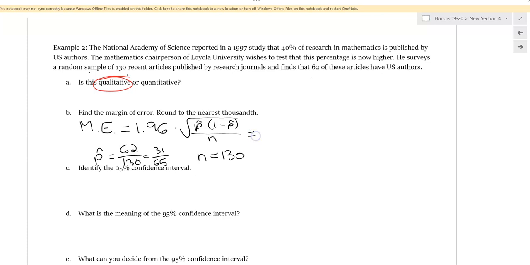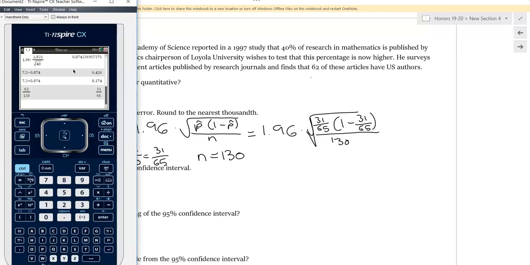Plugging everything in, we have 1.96 times our square root of, well, p hat, again, is that 31 over 65 times 1 minus 31 over 65, all over 130. I'm going to make that a little bigger so that we know that 130 is also under the square root. Typing it all in, 1.96, lots of fractions, right?